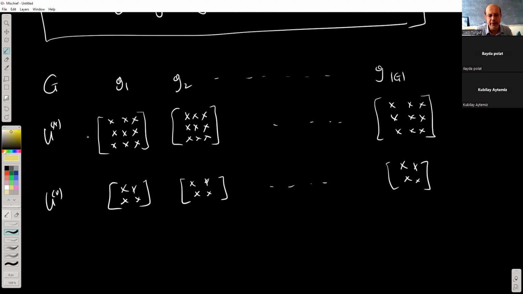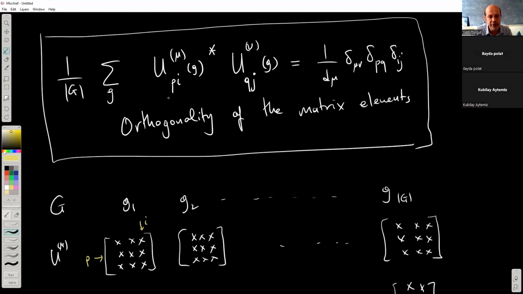We choose a p value, let's say the second row, and an i value. So here, I'm basically taking the mu representation and the p-i matrix element of that representation for different group elements.